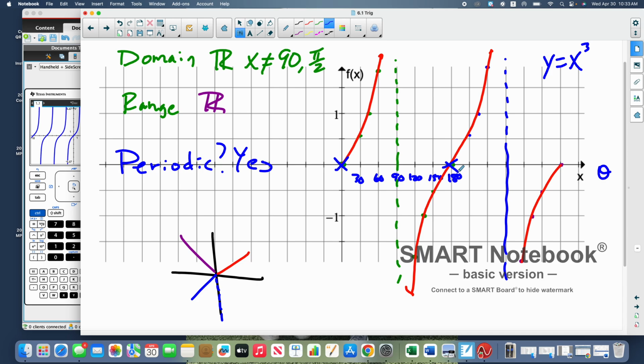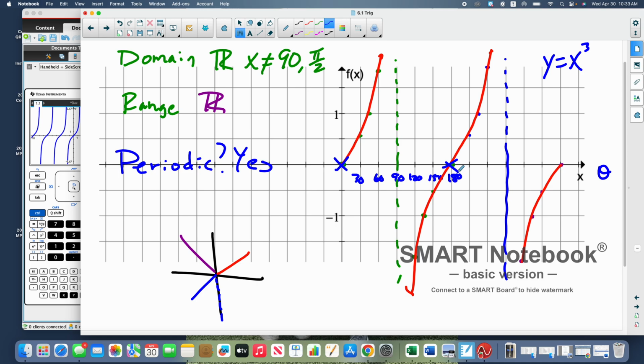They're pi apart. How else could you find that? The asymptotes. You could look at the asymptotes. How far apart are the asymptotes? Because we see them repeating. They're 180 degrees apart as well. There are 6 spaces on the graph, each one is 30, so that's 180 degrees. All right? So it is periodic.